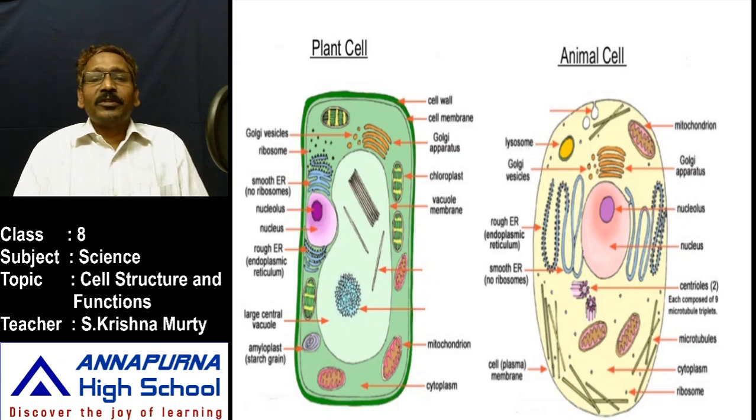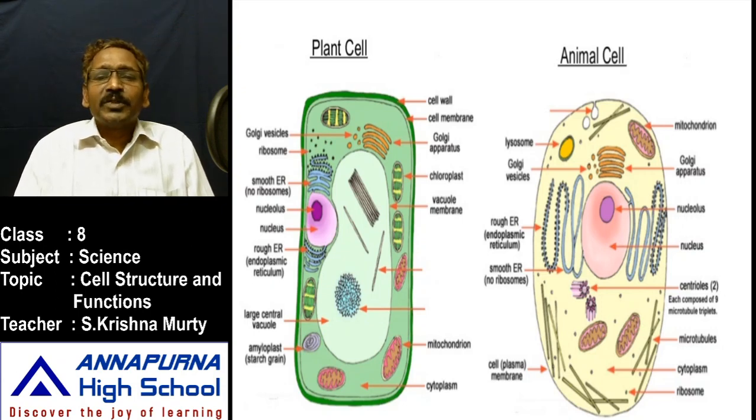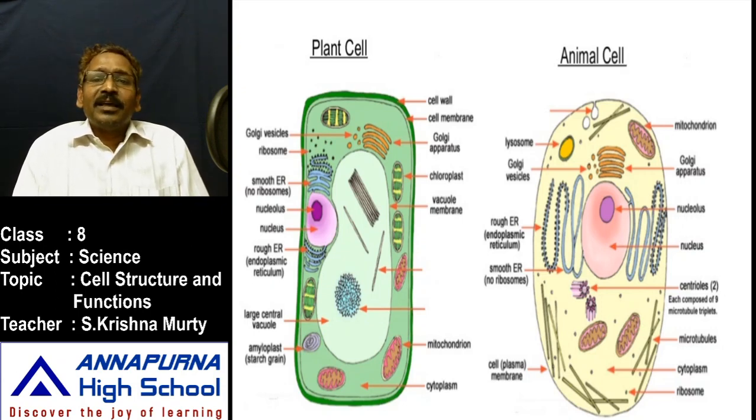Let us discuss the functions of the nucleus. We read about the functions of the cell wall and the plasma membrane, and the third one is the nucleus. The nucleus is the control center of each and every cell. What is meant by control center? In earlier classes we learnt about different kinds of life processes.